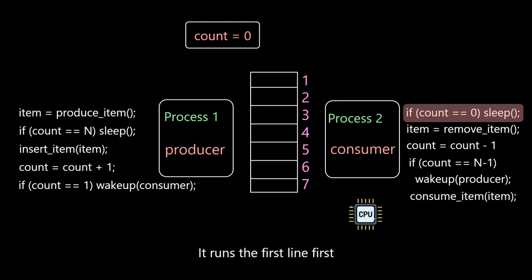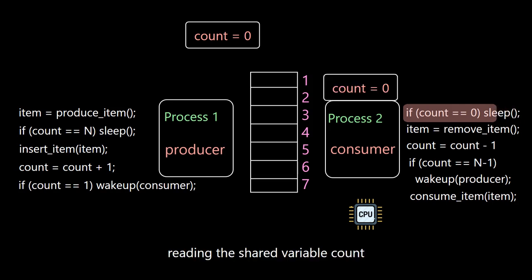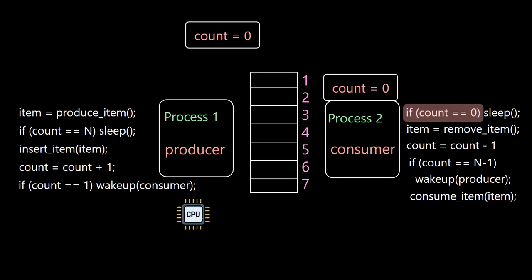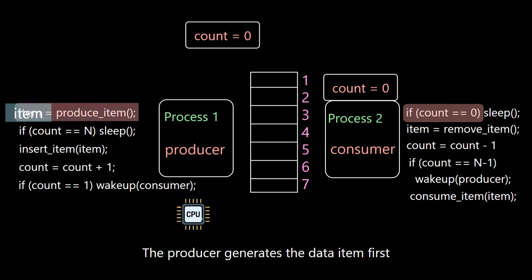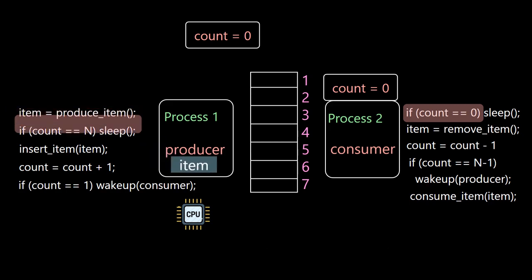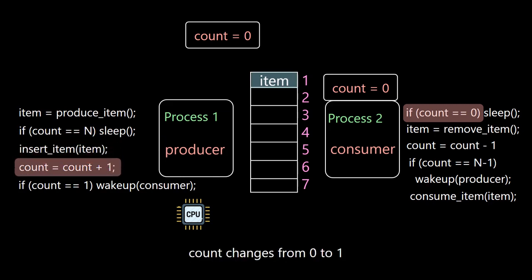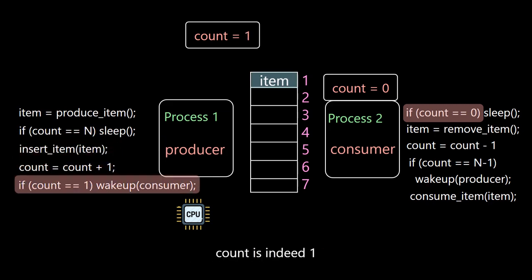It runs the first line, reading the shared variable count. At exactly this time, the CPU switches to the producer process. The producer generates the data item first, and count is not n. Next, it inserts the item. Then count changes from 0 to 1. Finally, count is indeed 1.